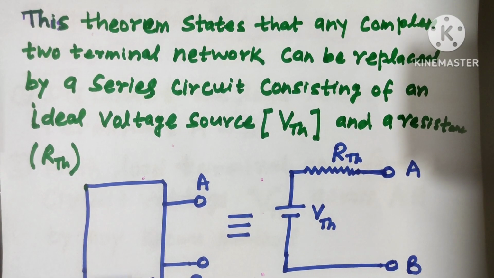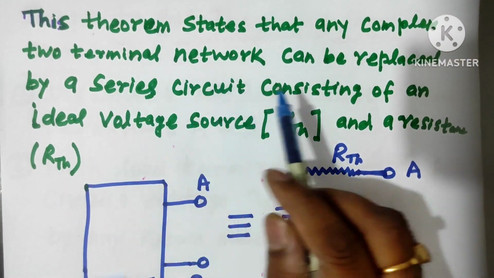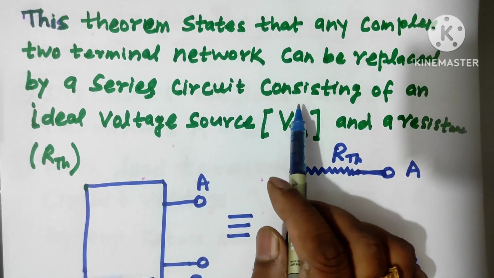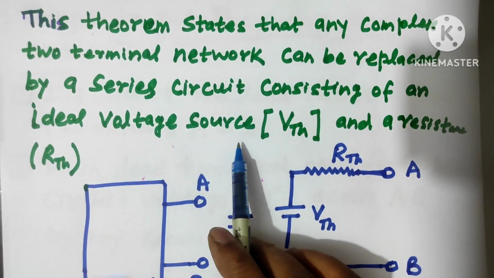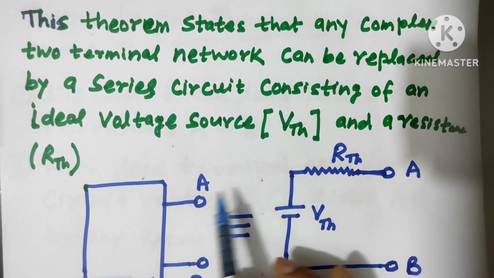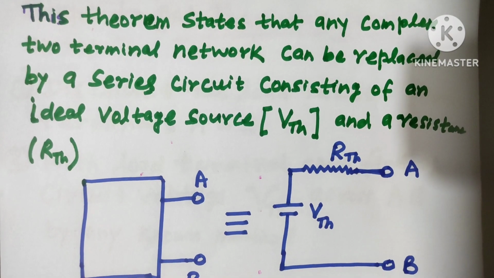This theorem states that any complex two-terminal network can be replaced by a series circuit consisting of an ideal voltage source that is denoted by VTH (Thevenin voltage) and a resistance RTH. This resistance is also taken in series.